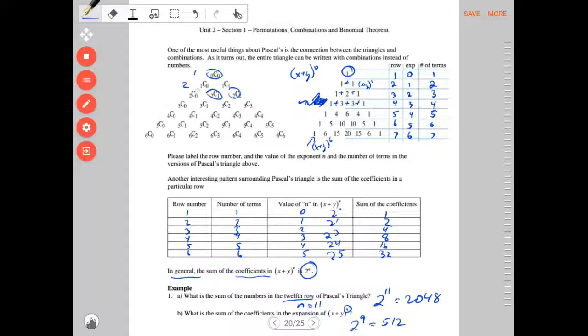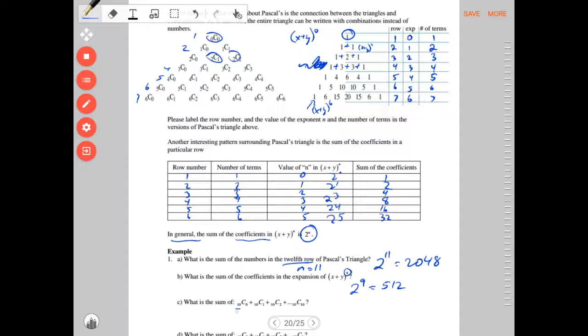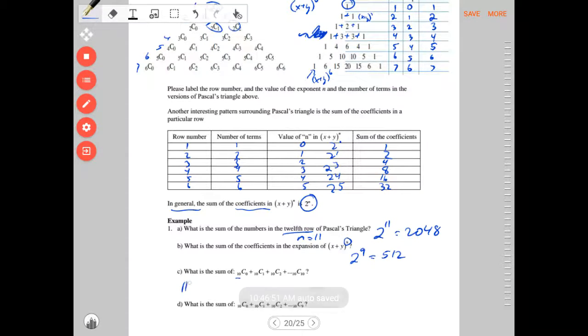In the second row, we had 1 choose 0. Third row, we had 2 choose 0. Fourth, 3 choose 0. Fifth, 4 choose 0. In the sixth row, we had 5 choose 0. In the seventh row, we had 6 choose 0. Okay, so 10 choose 0, that would be the 11th row.